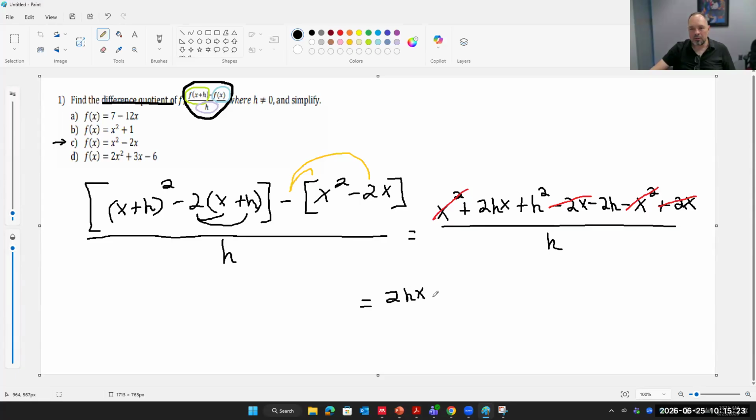But I'm left with equals 2hx plus h squared minus 2h all over h. And you might see now that some of these numerator h's can cancel.